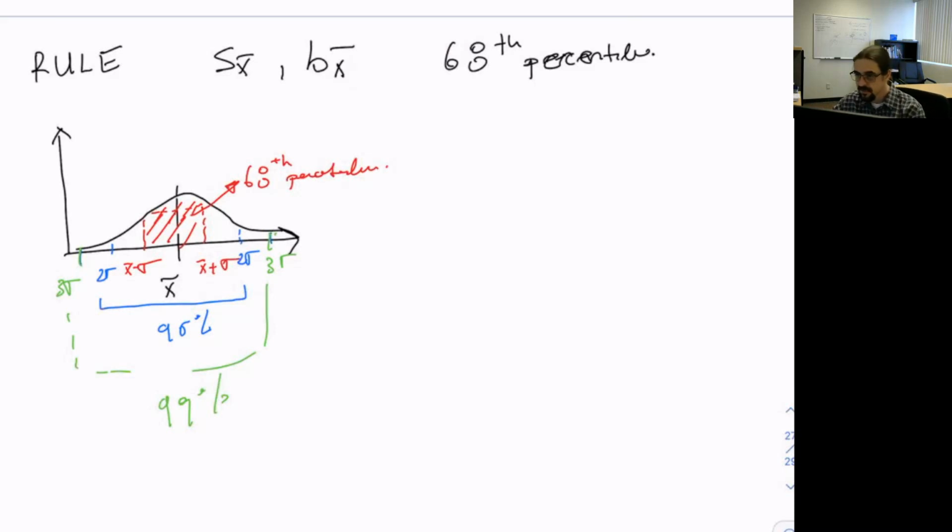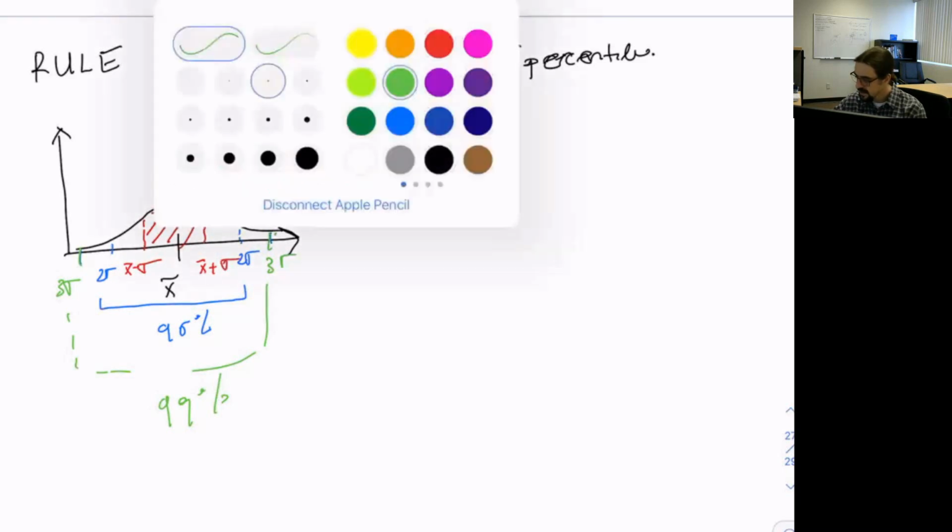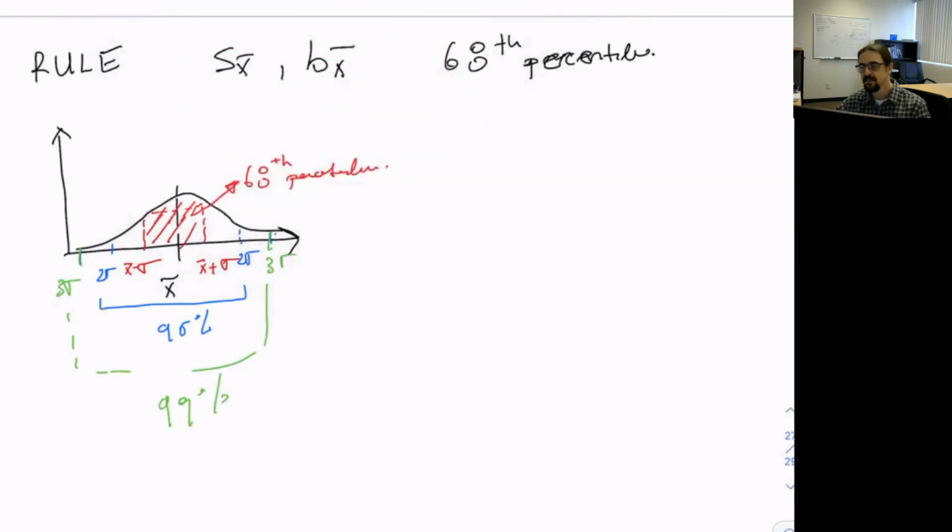Okay, so with those definitions in mind, the 68 percentile represents the uncertainties before a t-score adjustment.